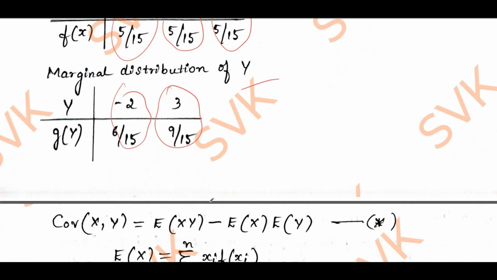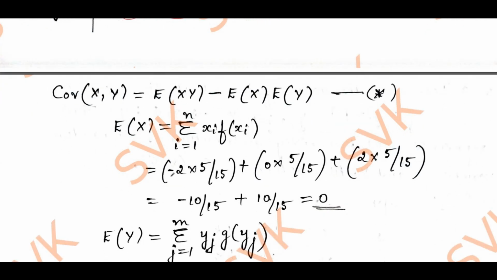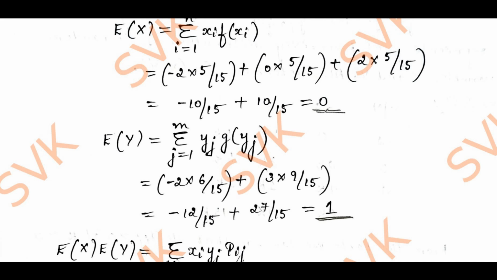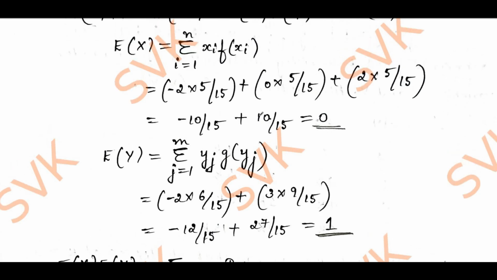That is what we have done for finding expectation of x and expectation of y. So we got expectation of x as 0. As I told, just multiply and take the sum of all those values. Similarly for y, multiply and take the sum of all those values.